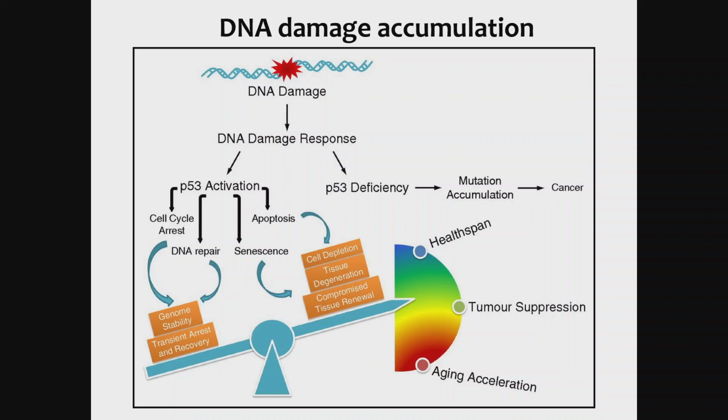If we have inherited mutations in the repair system, we will have very early on cancer, or we will have premature aging diseases. We will see both these progerias and cancer, like, well, several types of cancer.